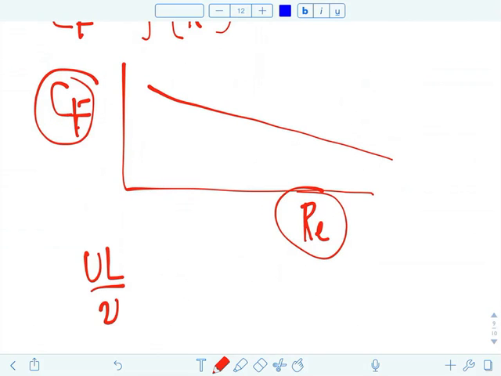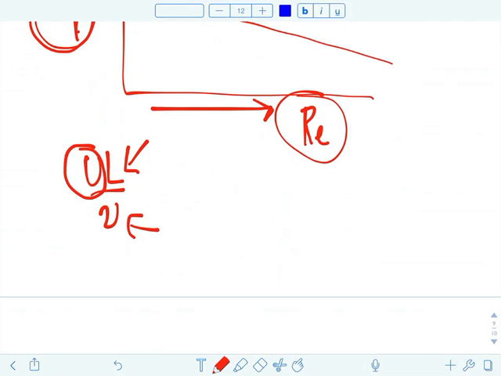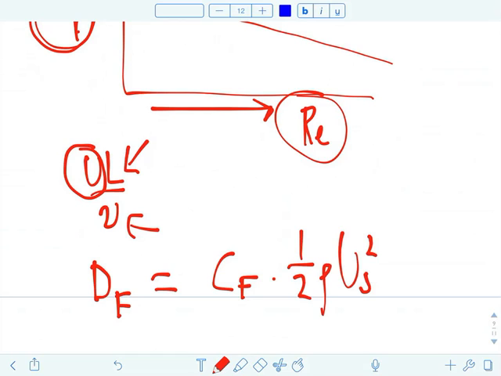Let's say we have a fixed ship of length L and a fixed kinematic viscosity, and we are changing U, right? So increasing U will increase the Reynolds number. It appears that skin friction is dropping with increasing Reynolds number, but it's not. This is the skin friction coefficient. By the time you convert back to drag, so if I say frictional drag, DF, is equal to CF, the frictional drag coefficient, times 1/2 rho U ship squared S wet.